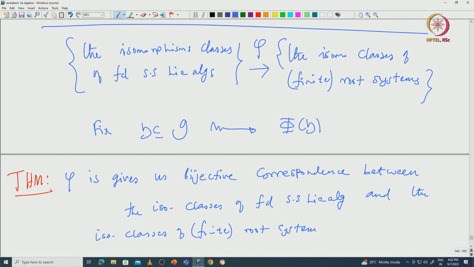This way we will bring down our problem of classifying finite dimensional semisimple Lie algebras to classifying these finite root systems. Okay, actually we will do all these works later.